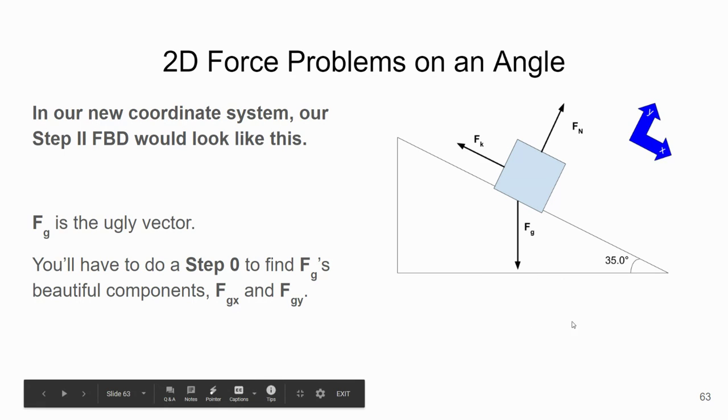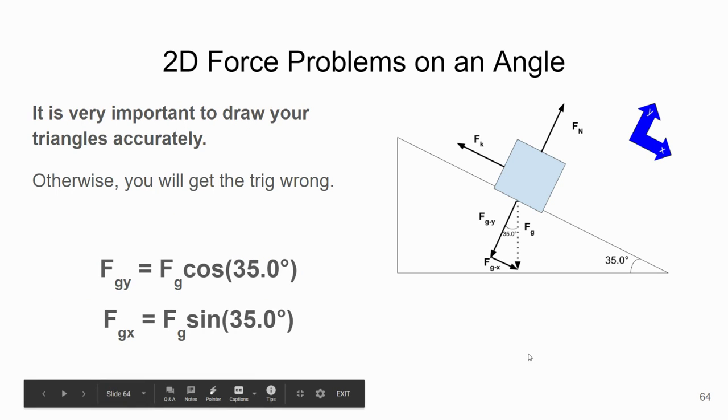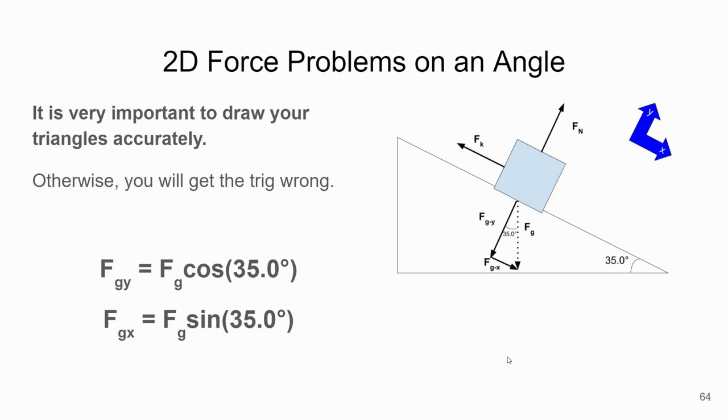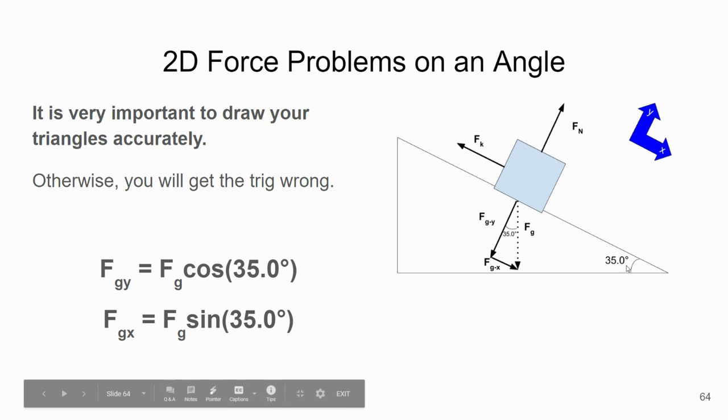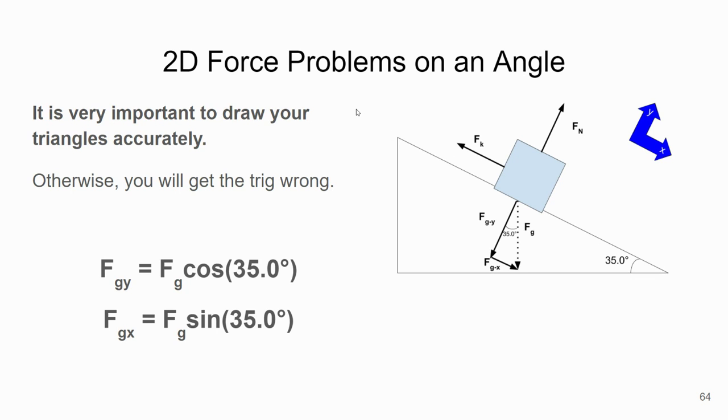So how do you find the ugly vector? What do you do with the ugly vector? You do a step 0 to find f sub g's beautiful components, f sub gx and f sub gy. When you're doing these problems, it is very important to draw your triangles accurately. This 35-degree angle, 35 is less than 45. So make sure you draw it so that it is clearly less than 45 degrees. After you've done that, you draw f sub g straight down.